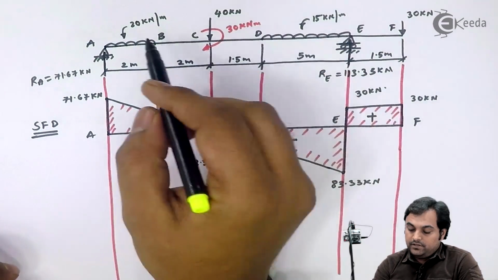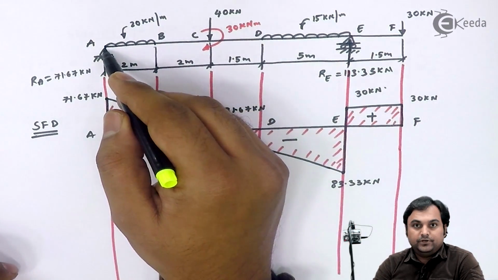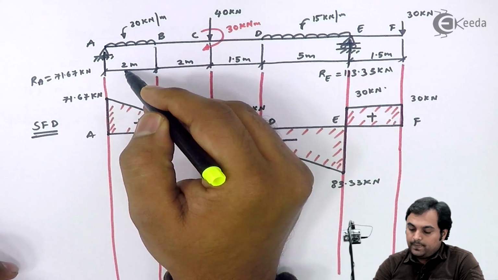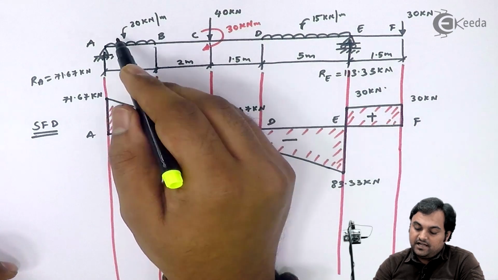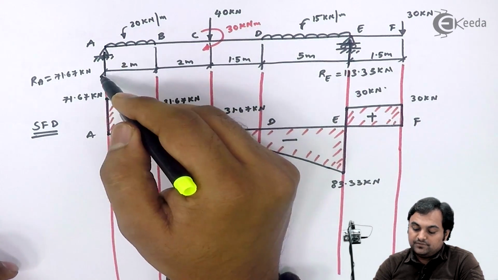Now if I am taking the moment at point A, it is 20 into 2 multiplied by 1, which is half the distance, and it is producing clockwise moment to the left.